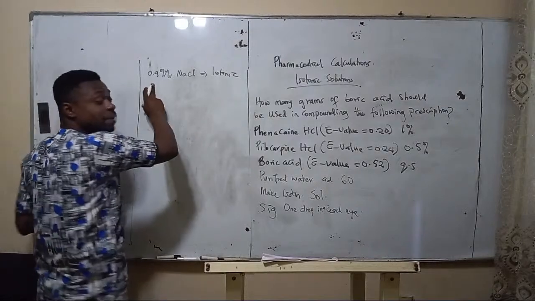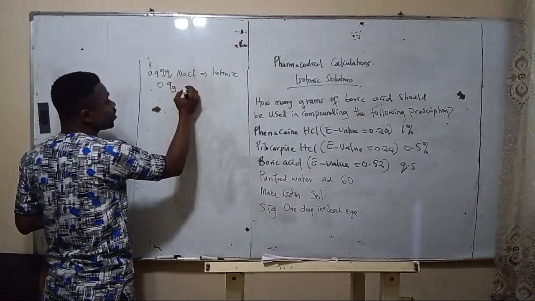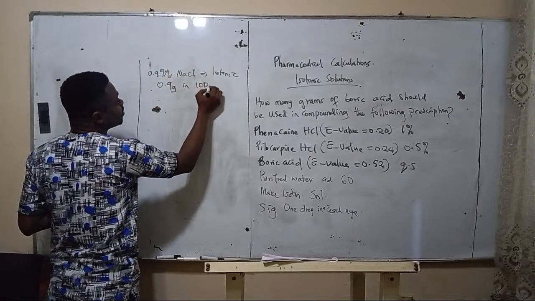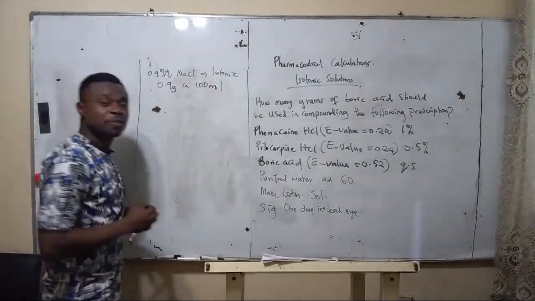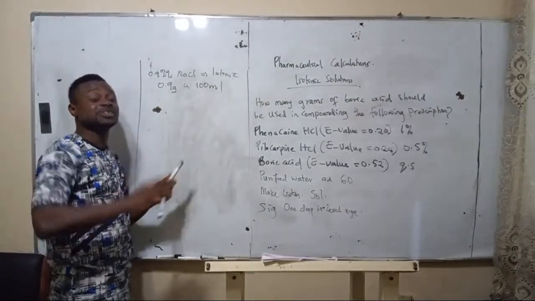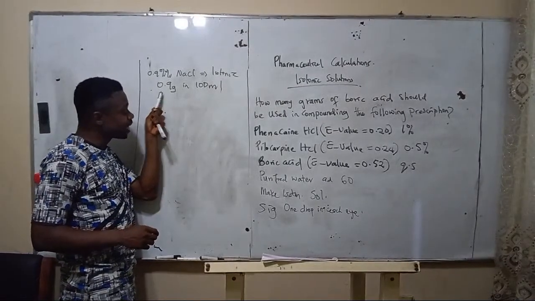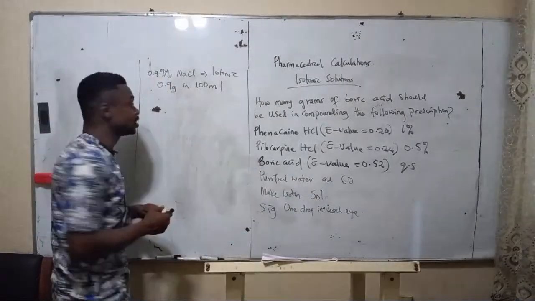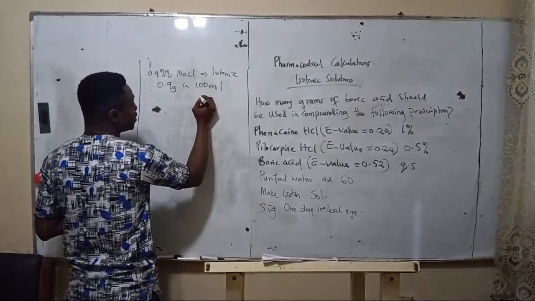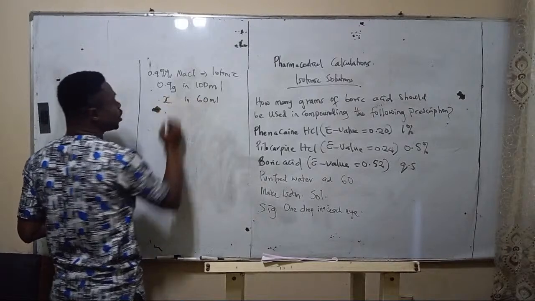And 0.9% means 0.9 gram of sodium chloride in what? 100 ml solution. So 0.9 gram of sodium chloride in 100 ml solution is isotonic. So how much sodium chloride in 60 ml will be isotonic? We don't know, we call it X.